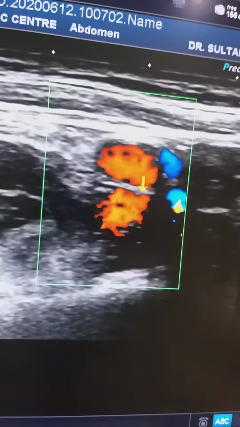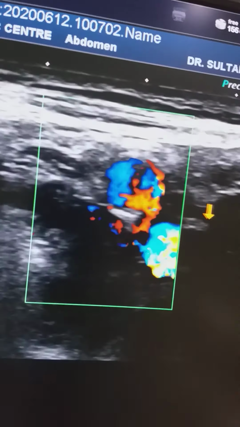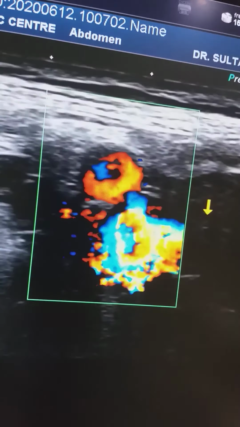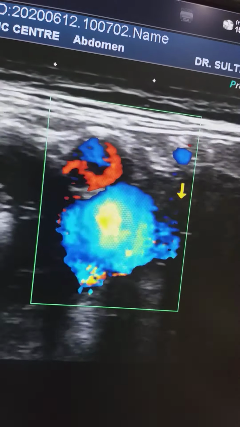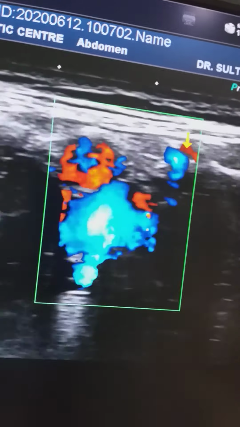Just lateral to this inferior epigastric artery is the region where the indirect inguinal hernia can occur.